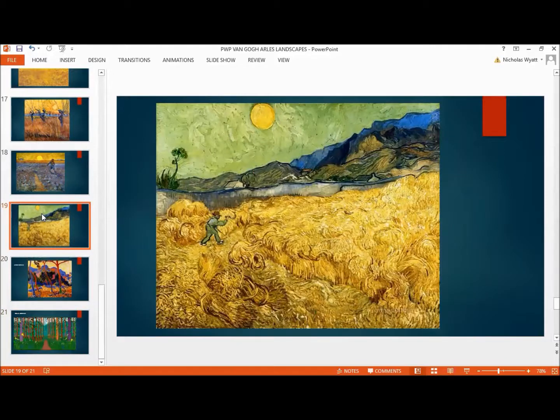Van Gogh's paintings in Arles are a breakthrough period for the development of modern painting, and they bear testament to the incredible hard work that Van Gogh does during a period of like 8 to 10 months.